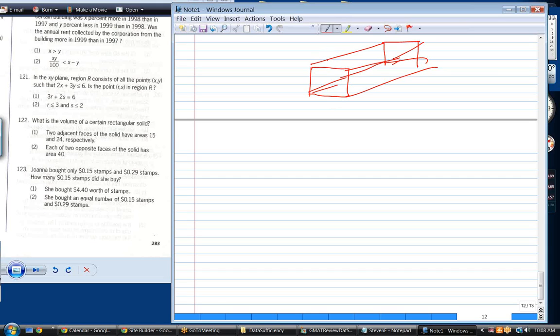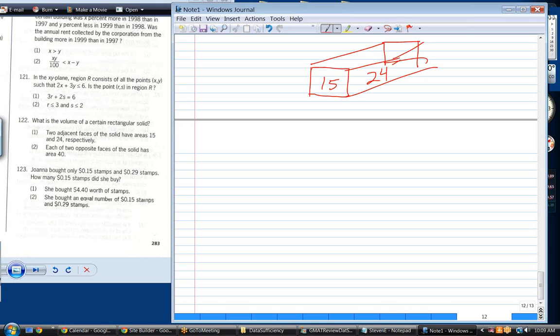We've drawn our figure poorly, but let me erase this line here. Okay, so there's our rectangular solid. They're saying the two adjacent faces have areas, not volumes, of 15 and 24.